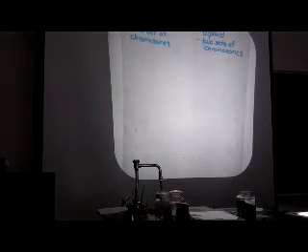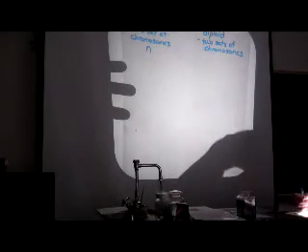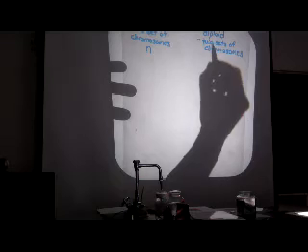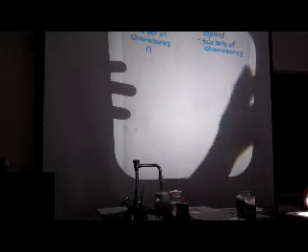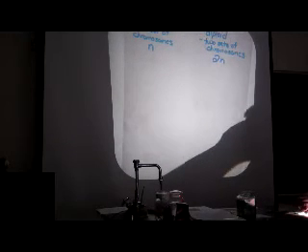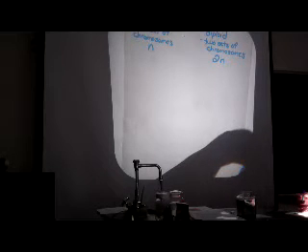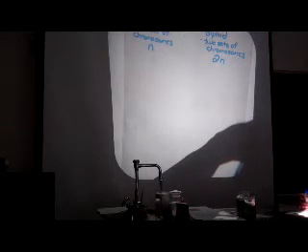If a cell is haploid, it has only one set of chromosomes. They give that a symbol to represent it, little n. If a cell has 2 sets of chromosomes, they give it a symbol, 2n. This is kind of easy to remember. The prefix di means 2. So haploid, 1 set; diploid, di, 2 sets.